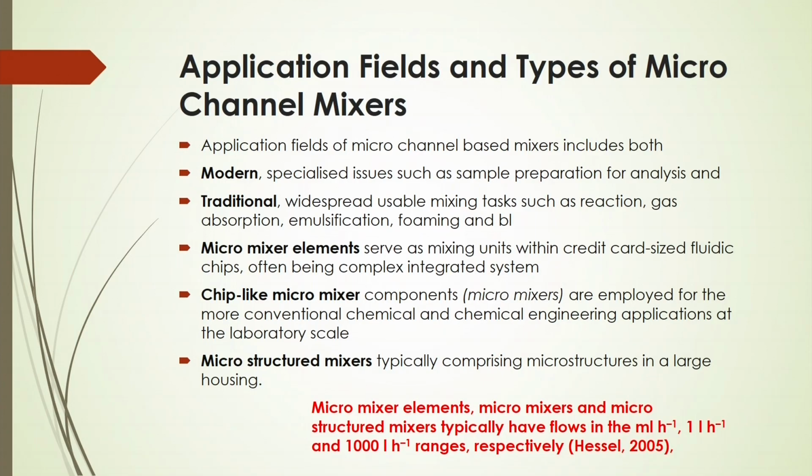So, the application field of microchannel based mixers includes both modern and traditional, and you can have micromixer elements, chip-like micromixers, and microstructure mixers. Chip-like micromixer compartments are employed for the more conventional chemical and chemical engineering applications at the laboratory scale, whereas microstructure mixers typically comprise microstructures in a large housing.